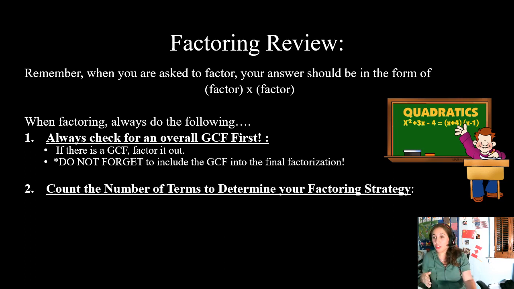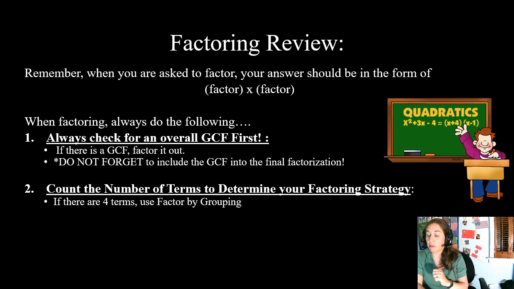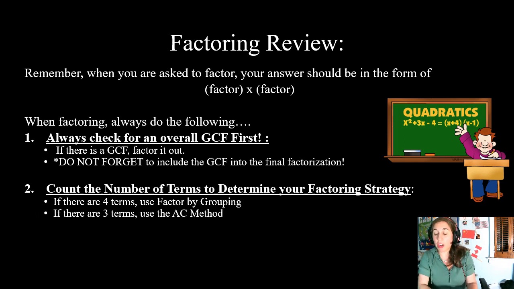After you've looked for an overall GCF, that's always the first thing you should be doing. Is there a GCF? Okay, I found it, I've pulled it out, or maybe there's not an overall GCF. Then you move to the second step. The second step is to count the number of terms in your polynomial, because that's going to determine your factoring strategy. When there were 4 terms, we knew that we did factor by grouping. If there are only 3 terms, if we're dealing with a trinomial, you will use the AC method to factor it.